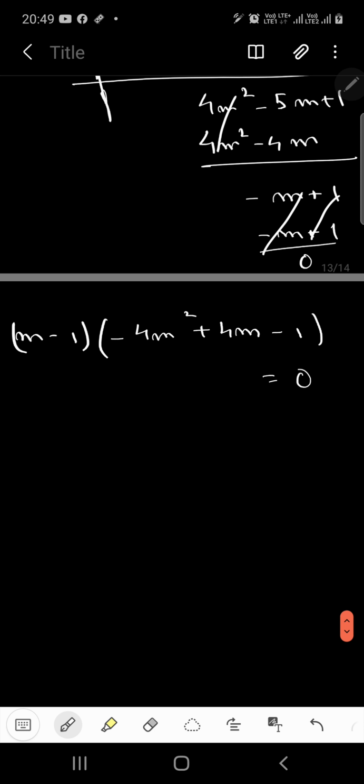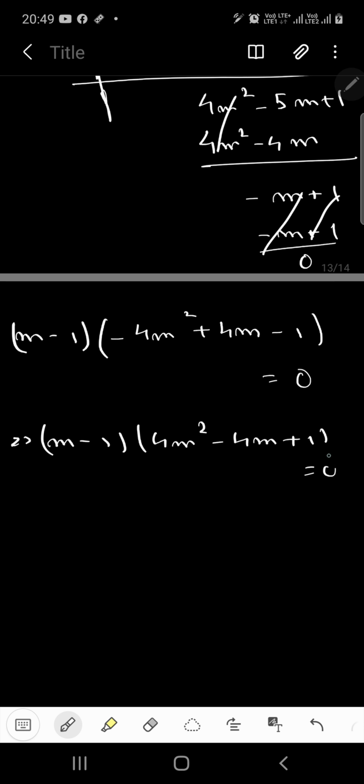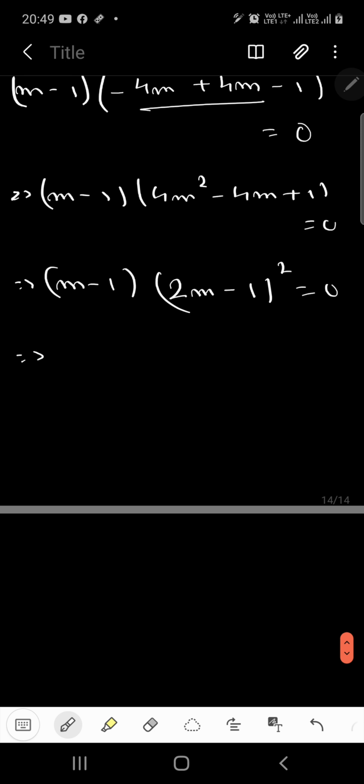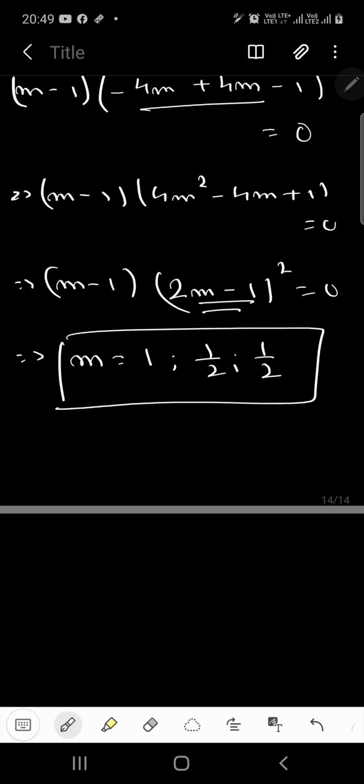You can further write it as m minus 1 times 4m square minus 4m plus 1 equal to 0, by taking minus common, which eventually gives you m minus 1 times 2m minus 1 whole square equals 0. From here you get the values of m as m equals 1 and m equals 1 by 2, 1 by 2. You get two roots of 1 by 2 from this particular equation. That means you are having repeated values of m.